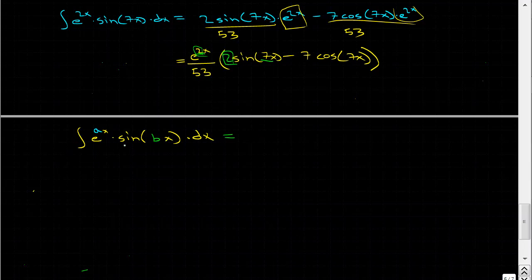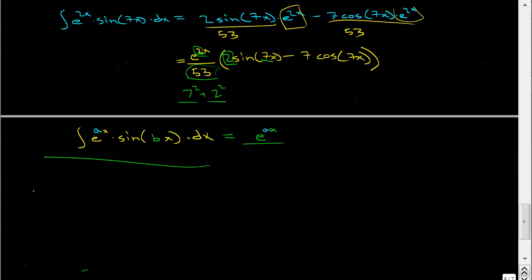If you're ever given an integral that looks like this, then what you can do is you say e to the ax divided by, I mean, look, what's this 53 here? Well, what's 7 squared plus 2 squared? That's 49 plus 4. So that's 53.